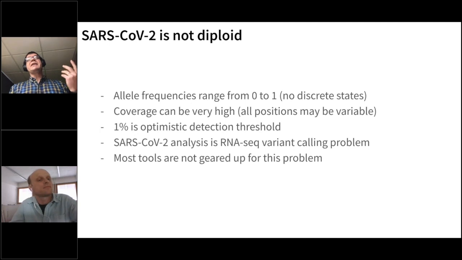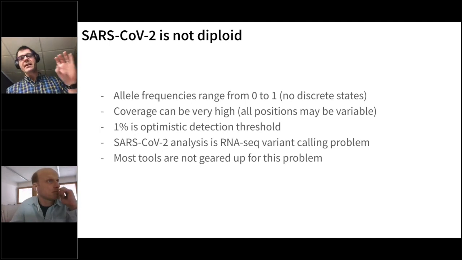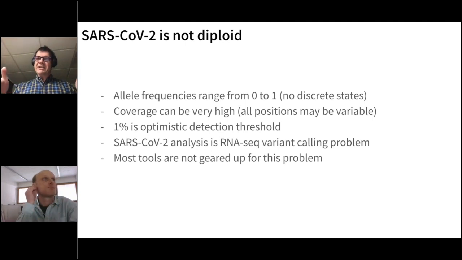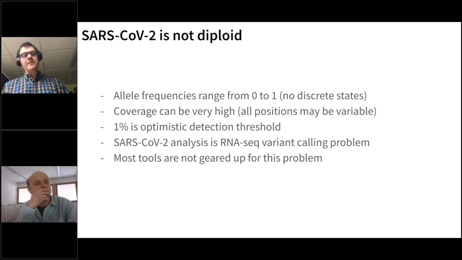So with Illumina data, and everything I'm going to be talking about today is based on Illumina, we don't yet have a good way to call variants from Oxford Nanopore data because we don't have raw data. We don't have FAST5 data sets. So with Illumina, you can reliably call variants with frequency of as low as 1% maybe. So this is optimistic. In the framework of this discussion, we are going to set our lower threshold at 5%. So we're being conservative here.